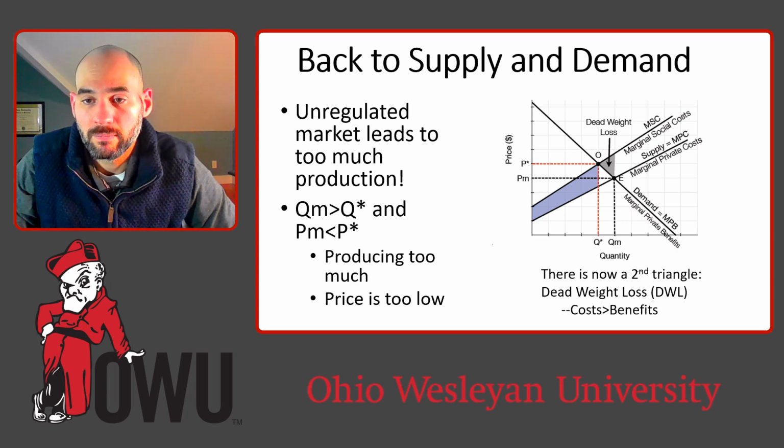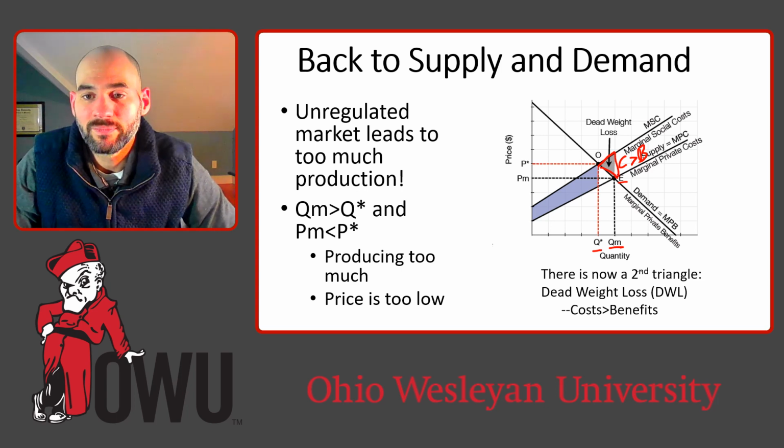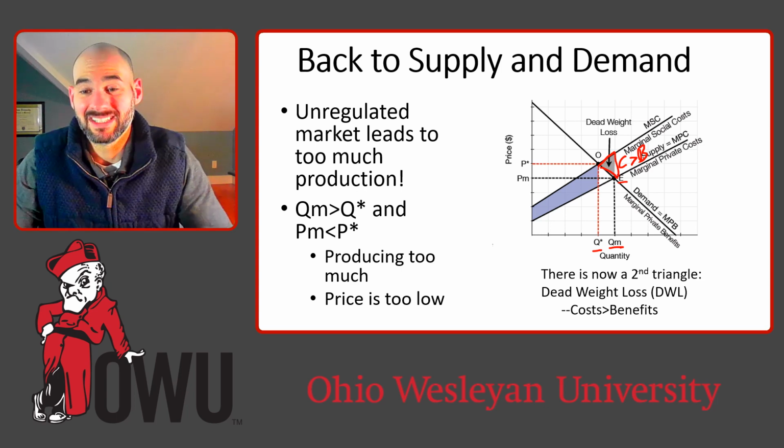And so for the units of natural gas produced, so we're producing QM units, for every unit produced past point Q star, beyond that quantity, the costs are going to be greater than the benefits. So costs greater than benefits for this whole triangle. And that's obviously going to be inefficient.